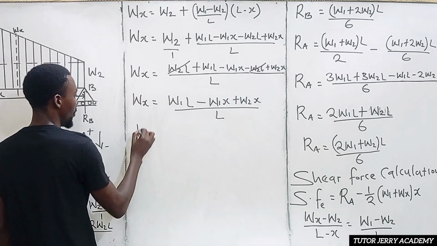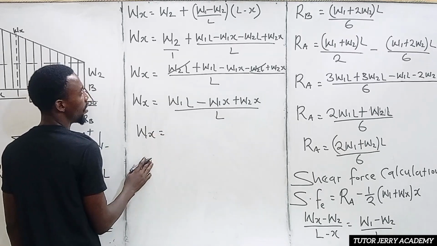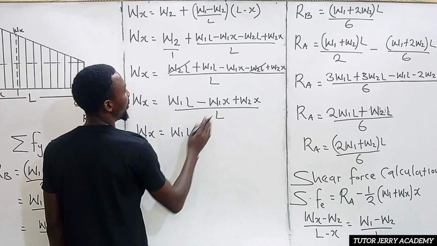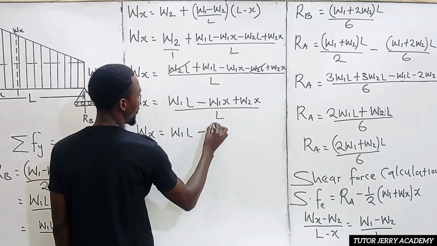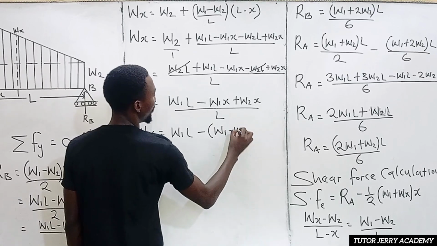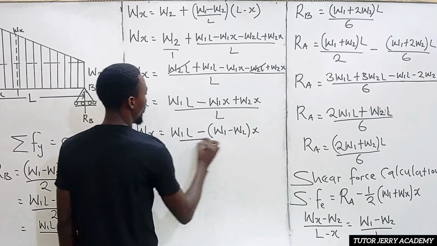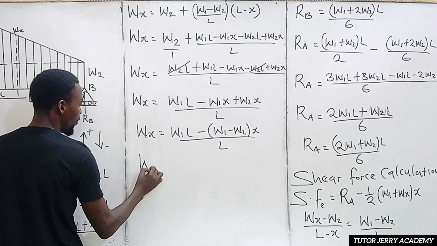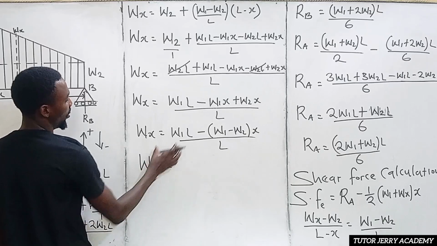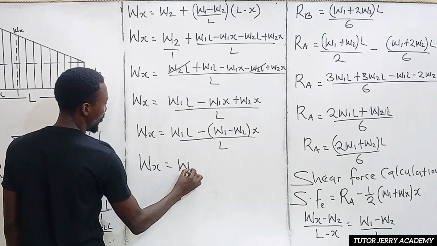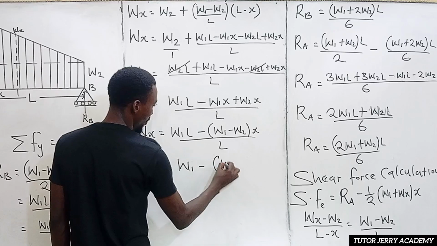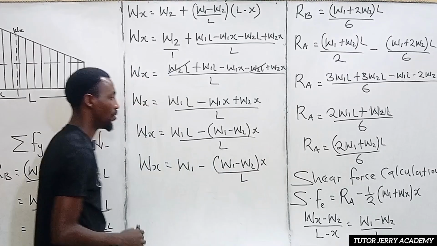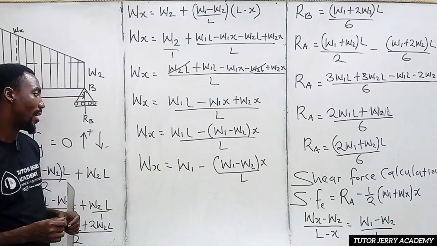All right. So WS will be equal to W1L, then if we factor out minus and S here, minus W1 minus W2, everything into S, all over L. So if we split L for the two of them, we are going to have WS equal to W1L divided by L, that is W1, minus W1 minus W2 into S all over L. So that's what we are going to have for our WS.